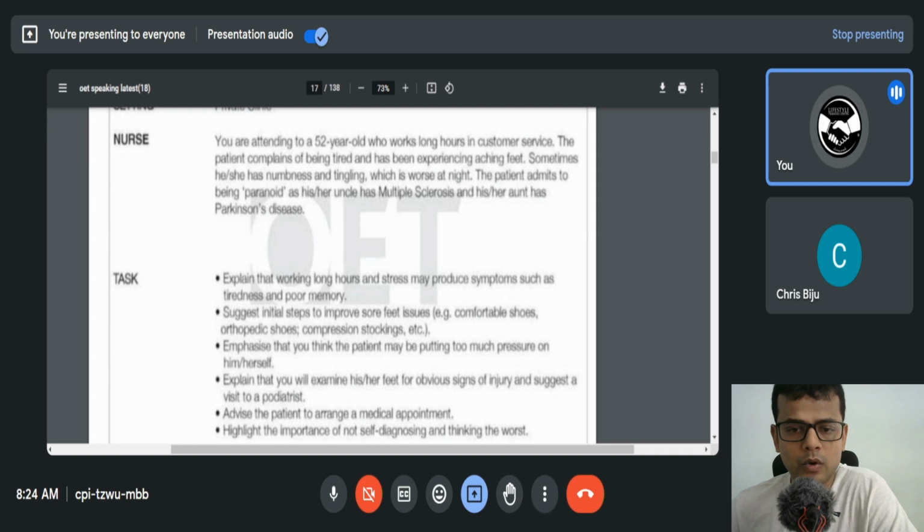I understand that you're worried, but please do not do any self diagnosis. The issue may not even be related to that. So you can consult the doctor, and the doctor will find out the exact problem that you are facing. So do not worry too much. Things can become worse. Do you understand? Complicated, I don't know.